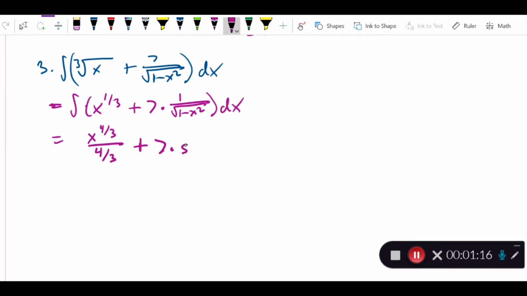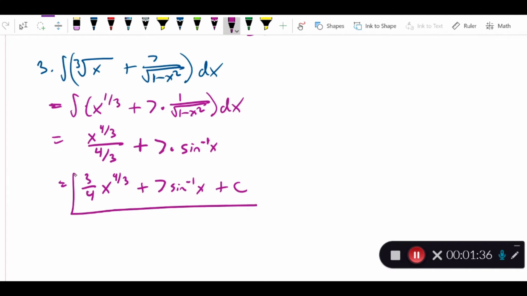So since that's the derivative of arcsine, its antiderivative is just arcsine. So we're just going to rewrite this in slightly nicer form. 3/4 x to the 4/3 plus 7 arcsine of x plus c. And there we go.